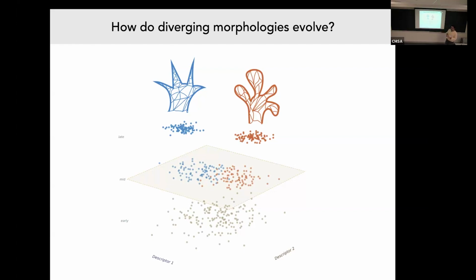And these things can then emerge into these different morphologies which we see in these organisms.